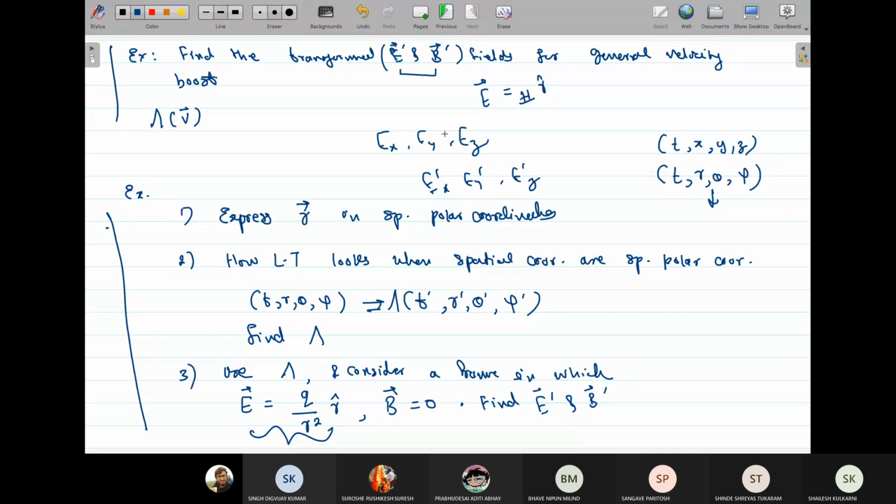Then you find Ex prime, Ey prime, Ez prime, and again reconvert it into spherical polar coordinates. That is another way. But this way you know now. The calculation will be hard, but this you know for sure how to do. Express this E in Cartesian coordinates and use the Lorentz transformation to get E prime, Ex prime, Ey prime, Ez prime. Then re-express this in polar coordinates.